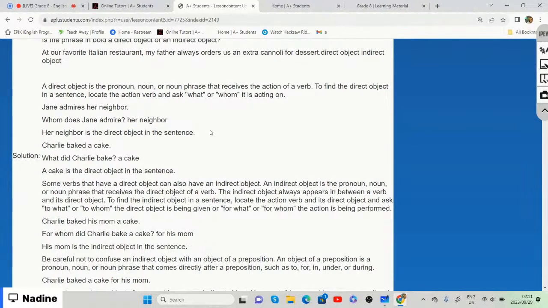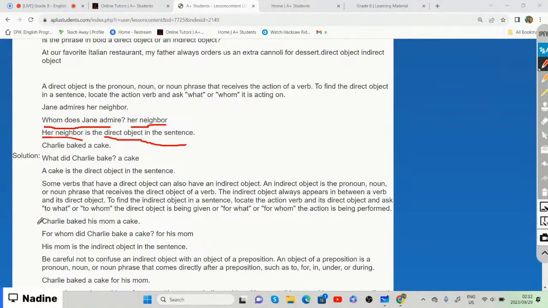So now we have to ask whom does Jane admire? She admires her neighbor, which means that her neighbor is the direct object within the sentence.